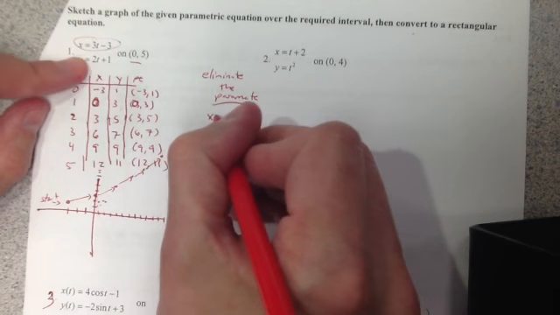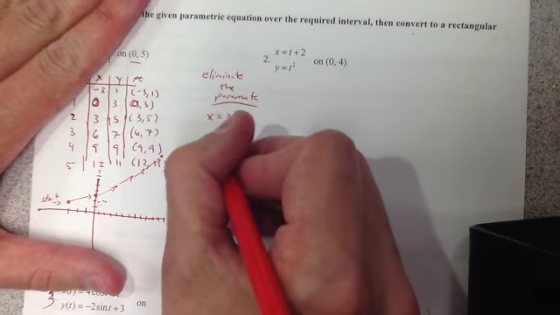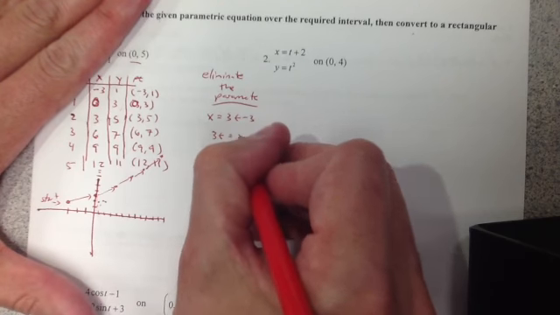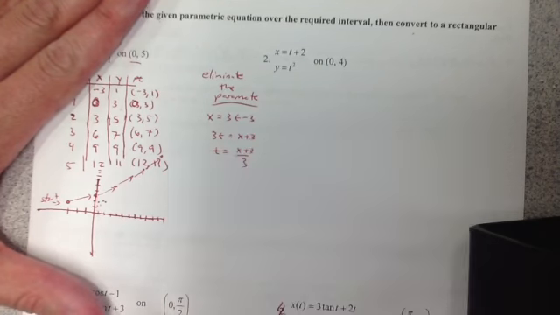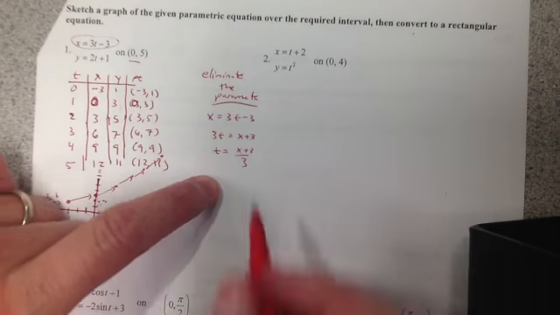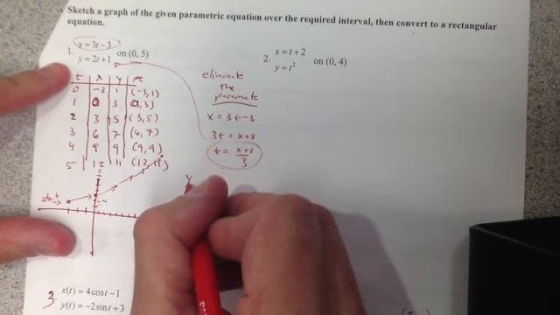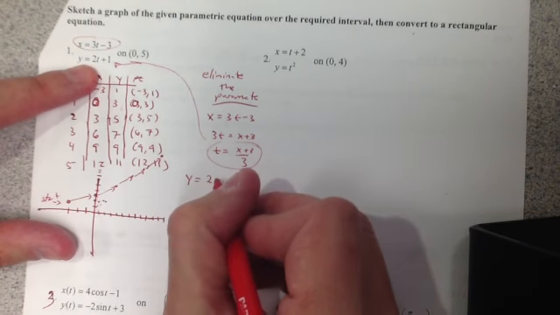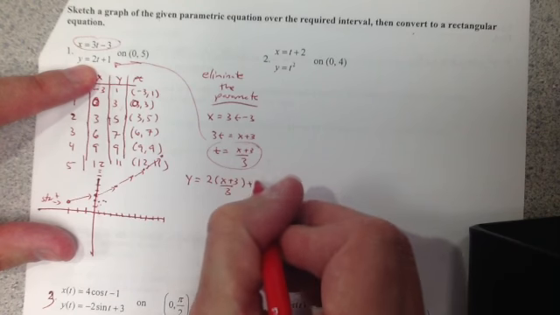So for this x, we get 3t minus 3. Solve for t. We get 3t equals x plus 3, so t equals (x plus 3) over 3. And I'm going to take this and plug it into the second equation.